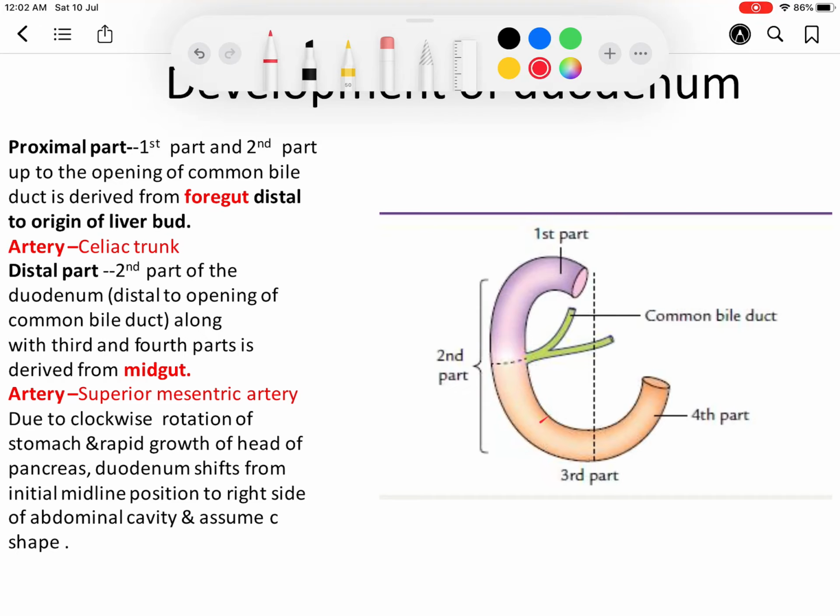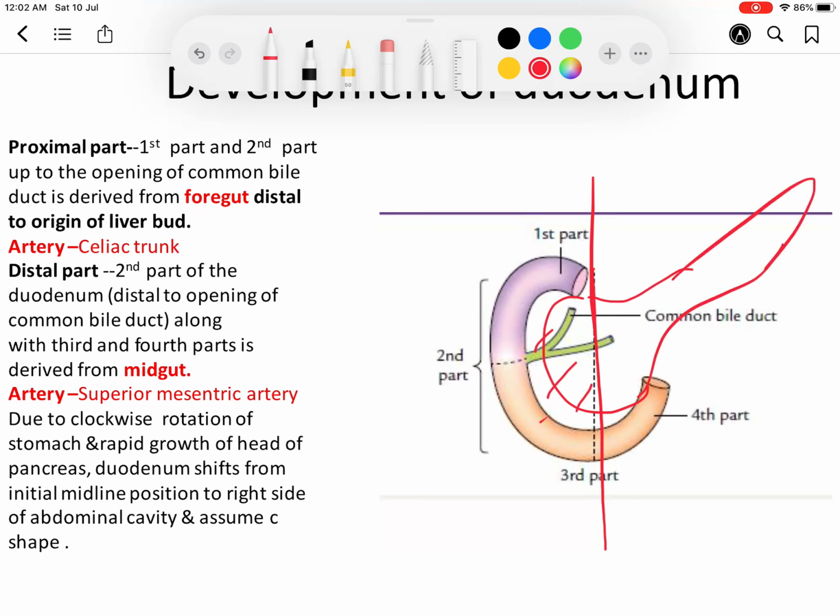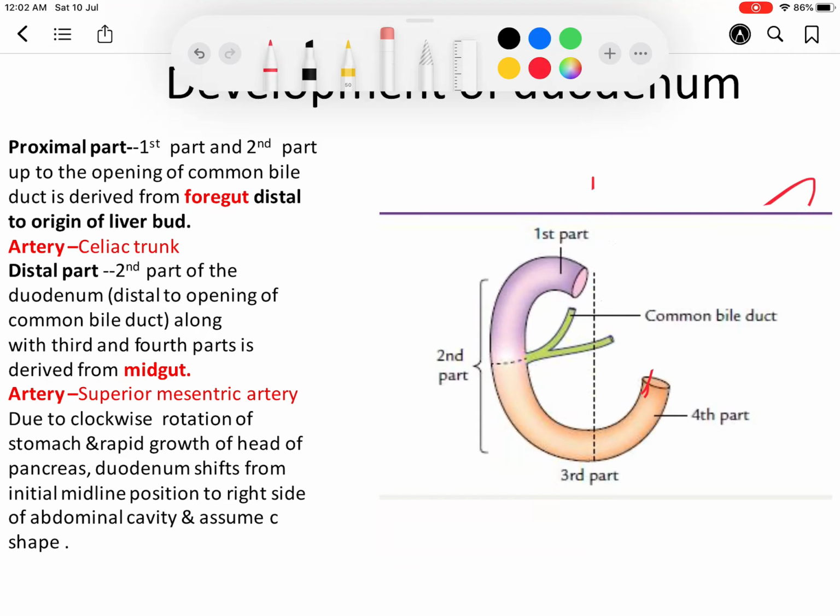Here is the head of the pancreas, and due to its rapid growth the duodenum is shifted towards the right side. So here you can see it is midline and it has been shifted right of the midline, and it also assumes the C shape. Here you can see this is the C shape.